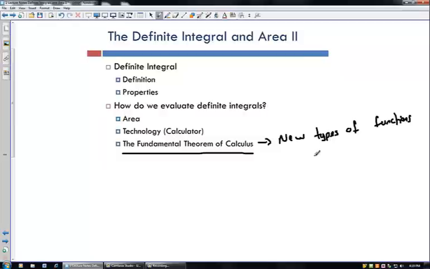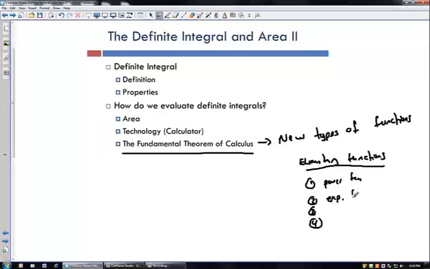So if you go back to the beginning of the semester, we talked about these elementary functions. The idea is that most of the functions that you've seen can be made out of these elementary functions, and there's 4 of them. The first type of function is a power function. The second type are exponential functions.